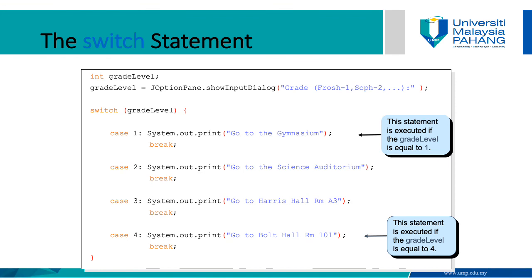The condition here is the grade level. So if the grade level equals 1, it runs the first case. If the grade level is 2, it runs the second case. If the grade level is 3, it runs the third case, etc., depending on how many cases you have.